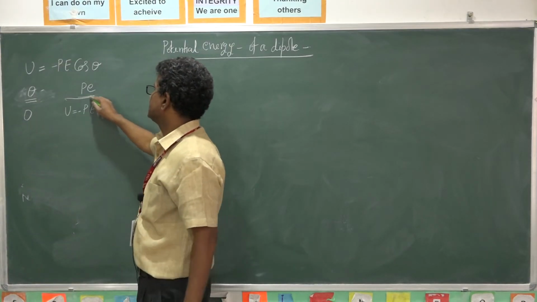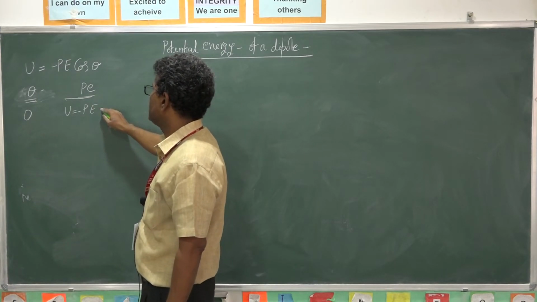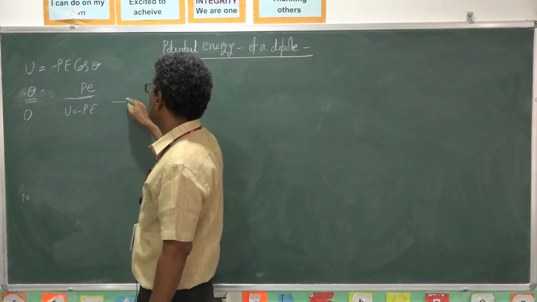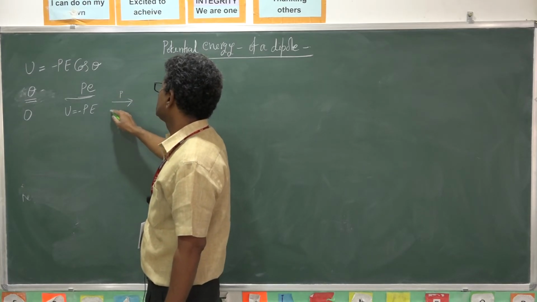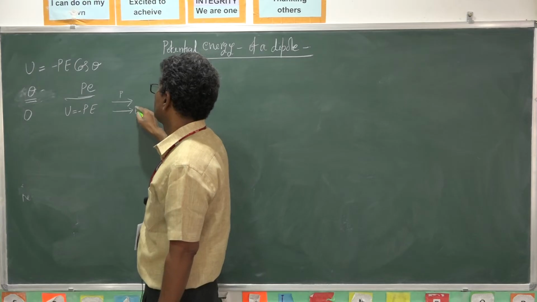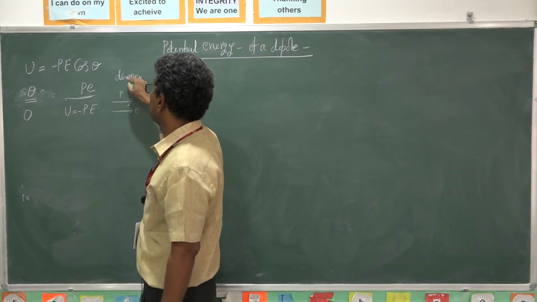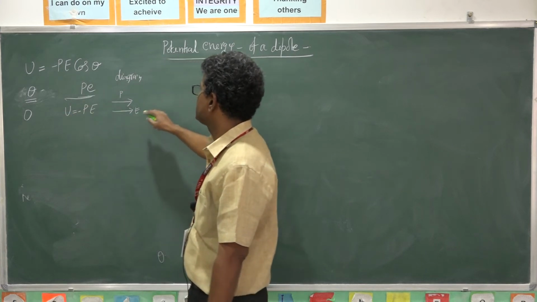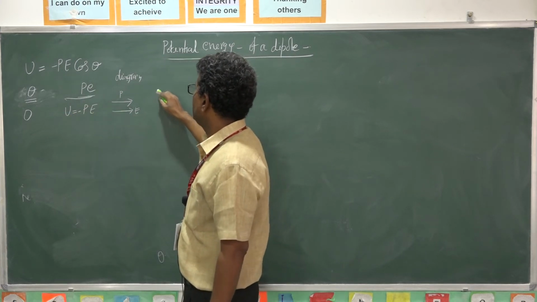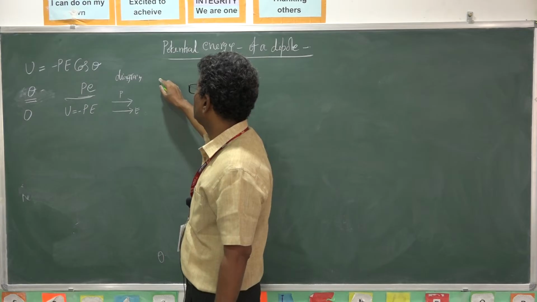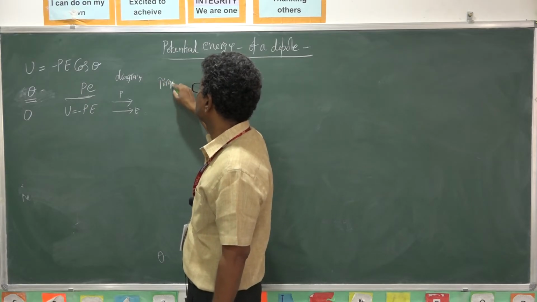What we discussed: theta 0 means P bar and E bar are in the same direction. So this is the diagram, the third column. Then potential energy is minus PE. What is the torque acting on it?